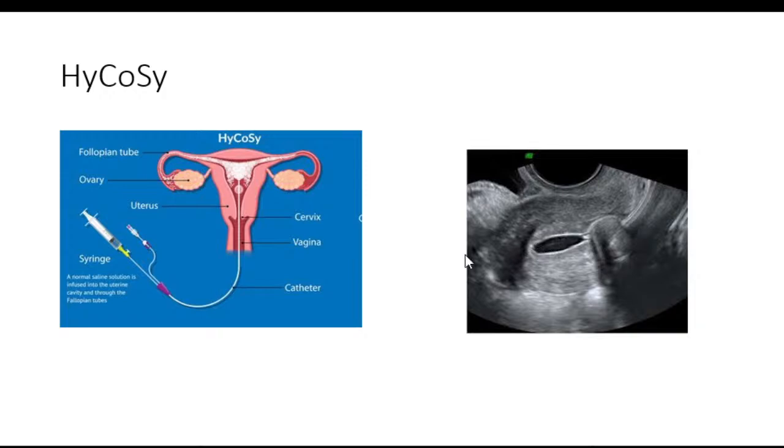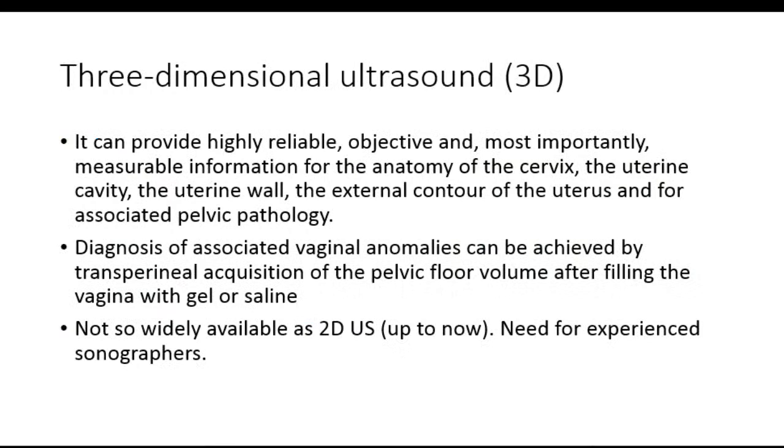If you see two cavities filled with fluid, you can say it's bicornuate, or maybe it's uterus didelphys, depending on the ultrasound signs. Very popular nowadays, 3D ultrasound.